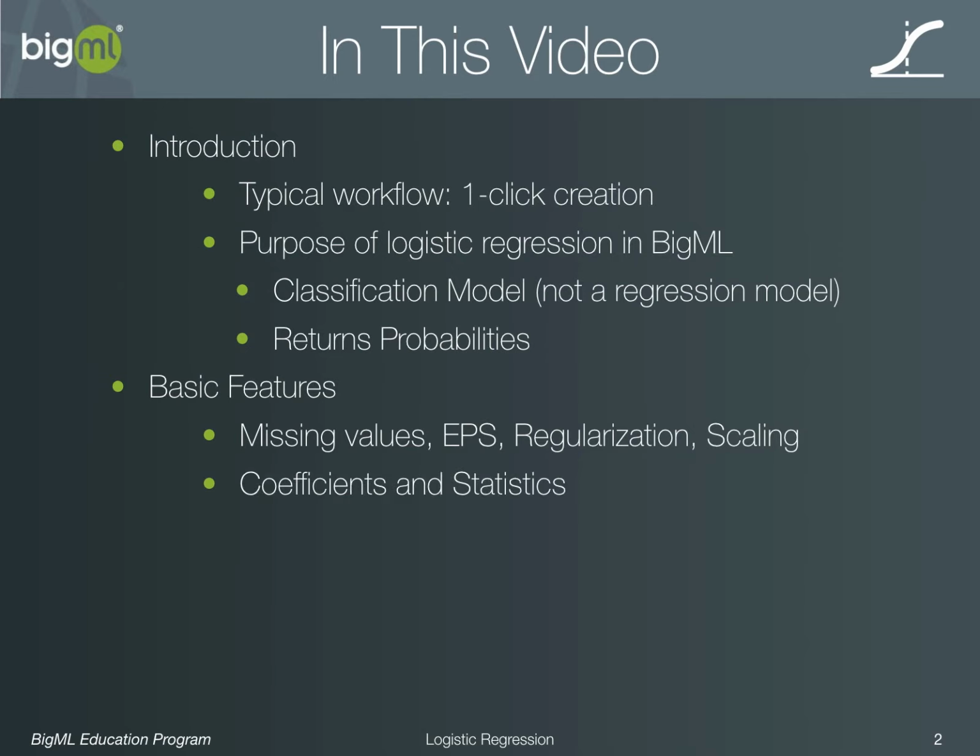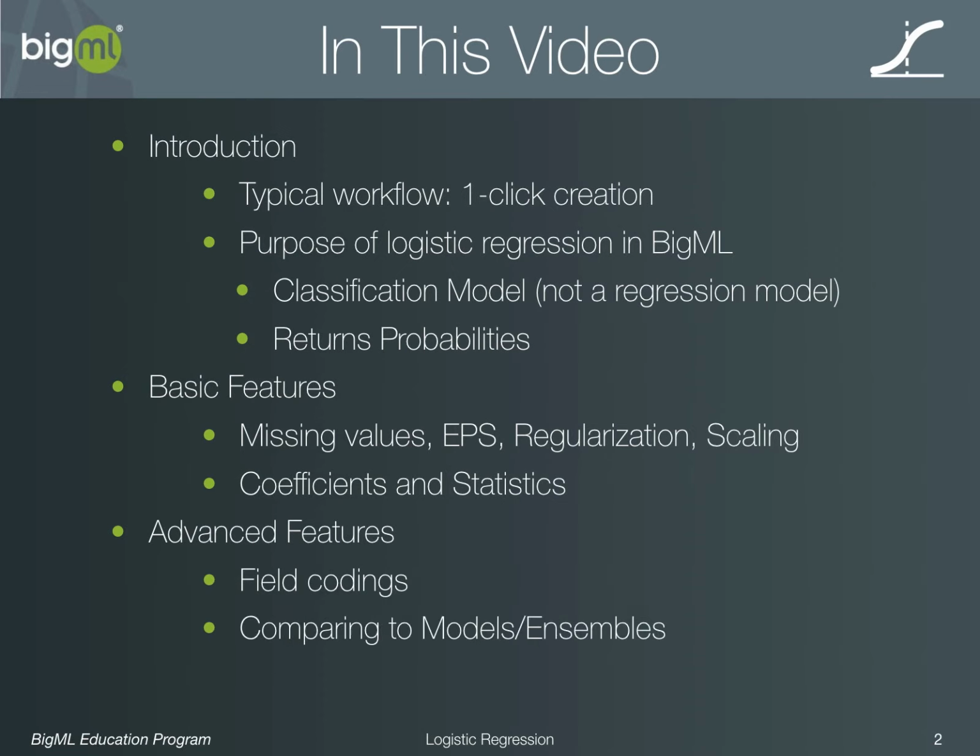We will also show the coefficients that logistic regression computes, as well as the extended statistics that are available. And finally, in the advanced features, we will explore the field codings and why they are important, how logistic regression compares to models and ensembles, and how to deal with nonlinear relationships between the inputs to the logistic regression and the objective that is being predicted.